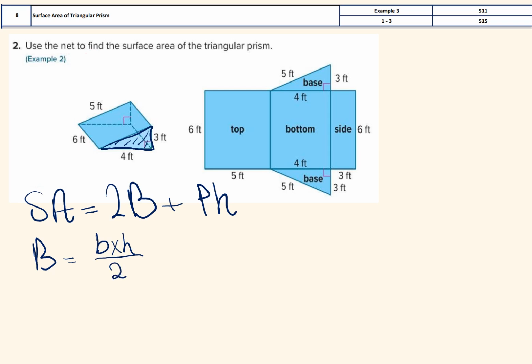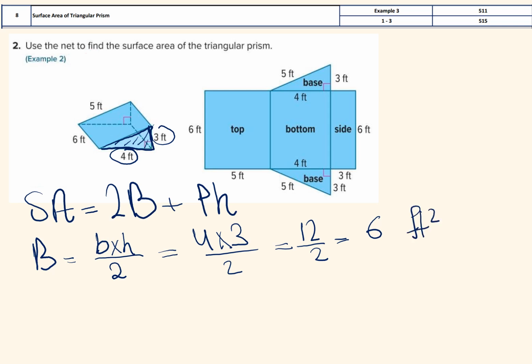What I mean by that small b is the base of the triangle, and h is the height of the triangle. So it will be here 4 times 3 over 2. So 4 times 3, the height of the triangle, divided by 2. 4 times 3 is 12, divided by 2 is going to be 6 square feet.